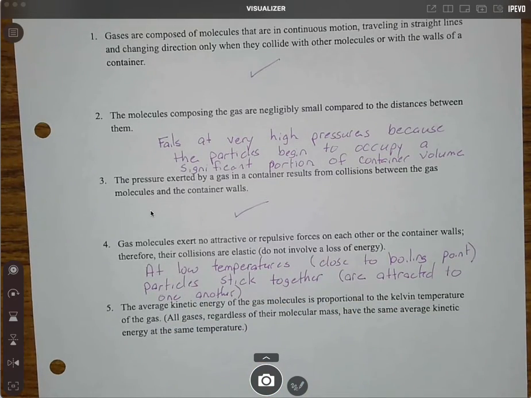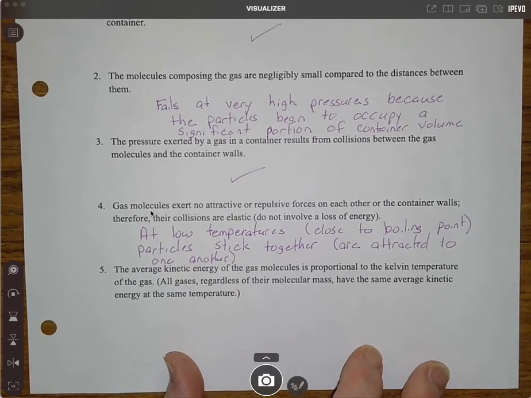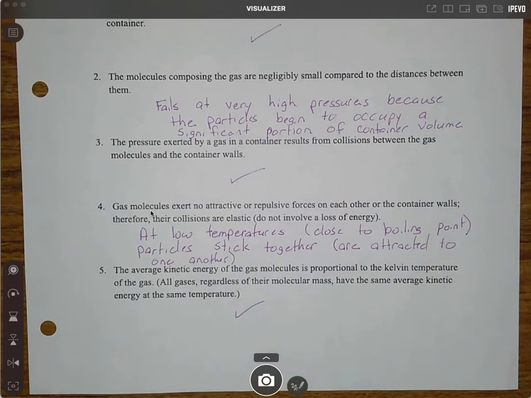And as they stick together, if two particles stick together, now they only count for one in the particle count because they're traveling together, they're hitting the wall together. And so the net effect is you have fewer total particles because they're sticking together in little pairs throughout the container. The whole gig about average kinetic energy, always true.